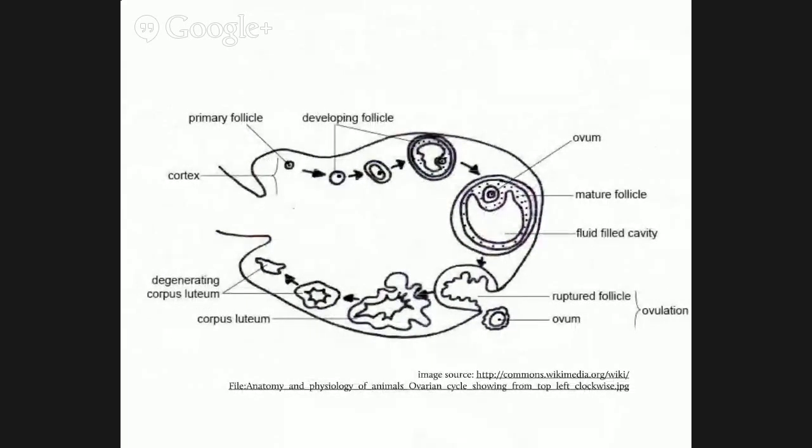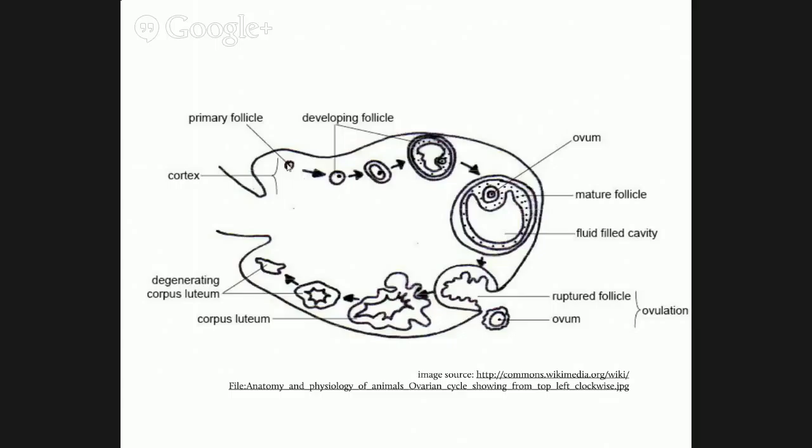So I guess actually the book doesn't have this picture, possibly because of the issues that I'm about to talk about. But this shows the primordial follicle that then develops into, so here's a primordial follicle, which is in the cortex all the time. Those are the cells that were generated in the embryonic ovary before the woman was born.